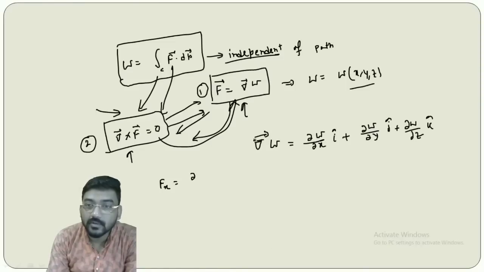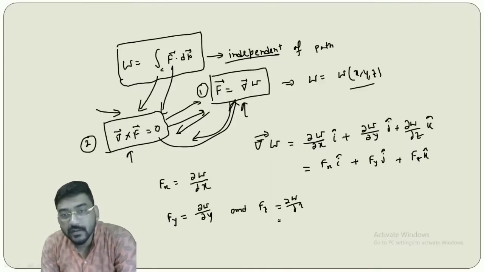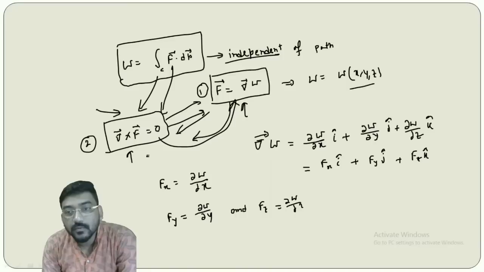F is equal to Fx i cap plus Fy j cap plus Fz k cap. So you can write that Fx is equal to del W del x, Fy is equal to del W del y, and Fz is equal to del W del z.